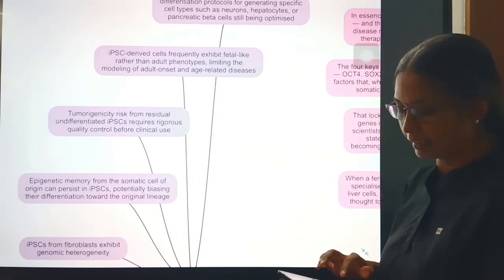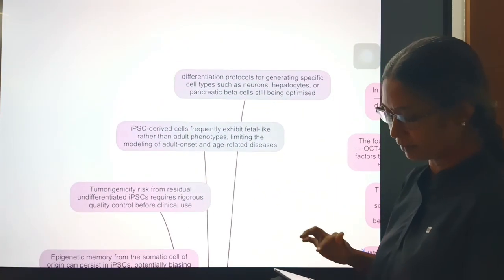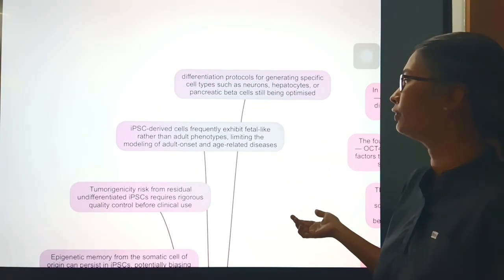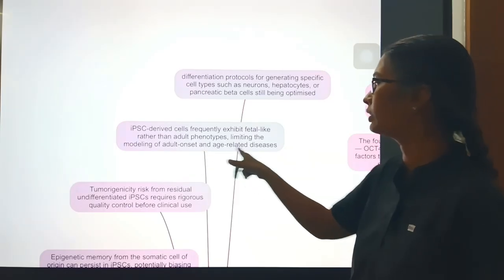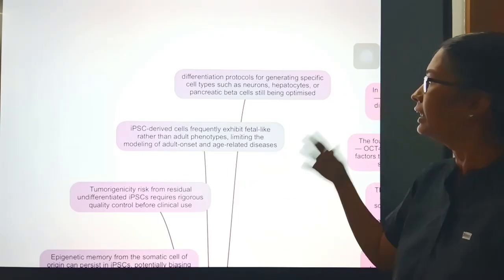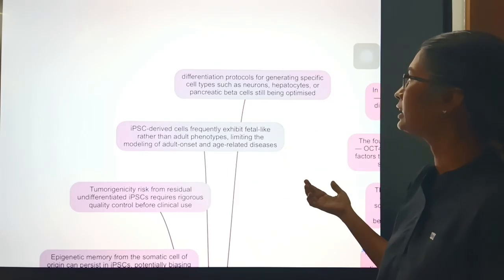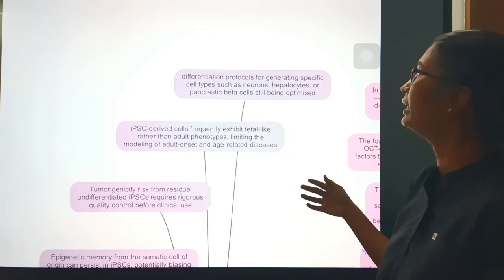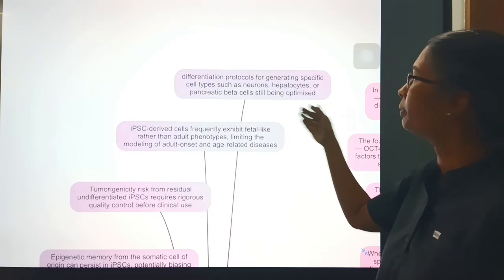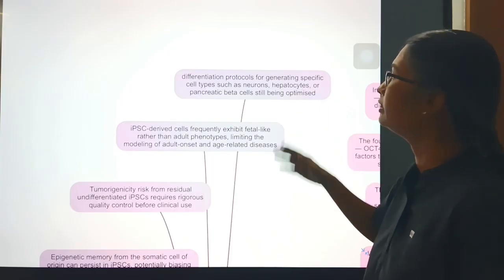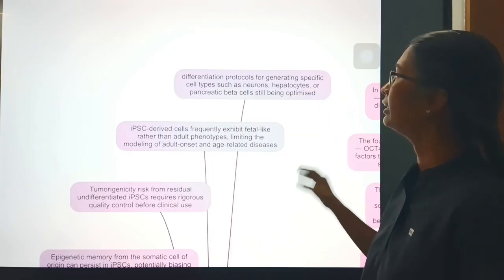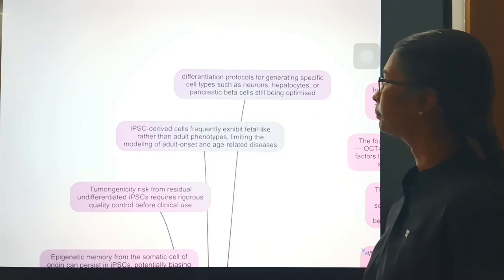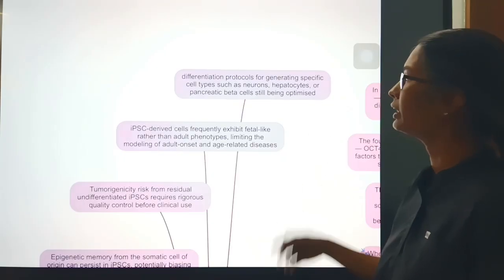And iPSC-derived cells frequently exhibit fetal-like rather than adult phenotypes, limiting the modeling of adult-onset age-related diseases. Differentiation protocols for generating specific cell types such as neurons, hepatocytes, or pancreatic beta cells are still being optimized. So the optimization process is always ongoing. It has to be done, and then we can produce a lot of differentiated cells from iPSCs.